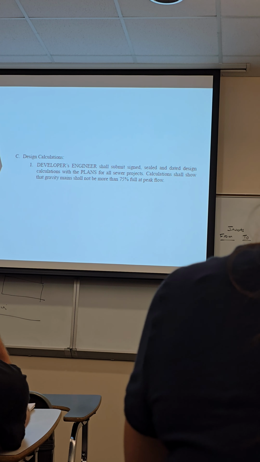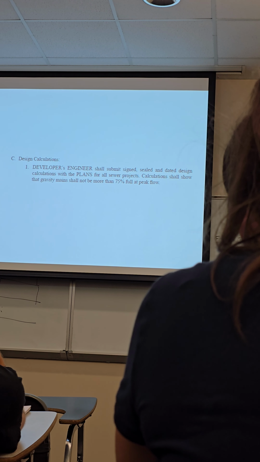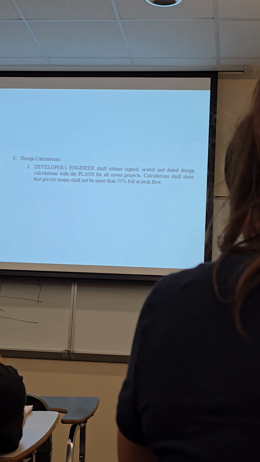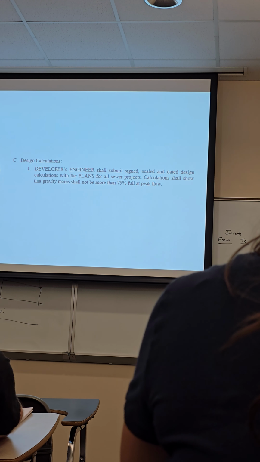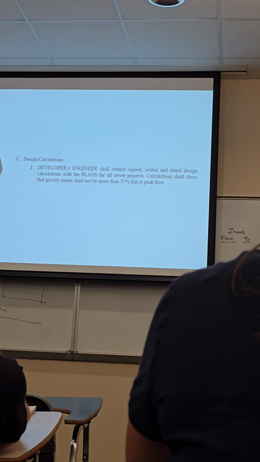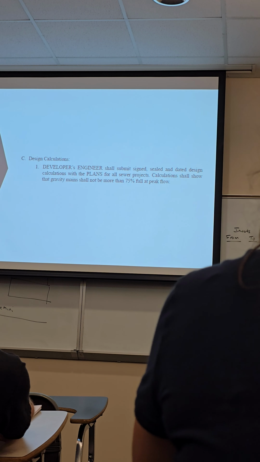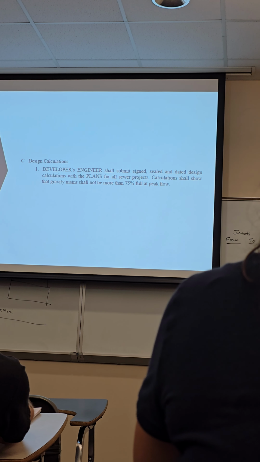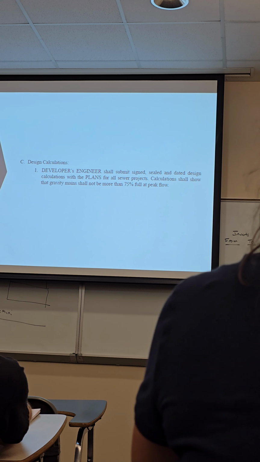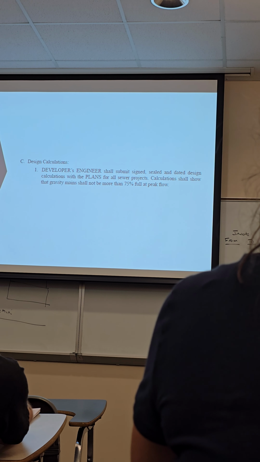All right. Now, when we're designing our gravity system, we want to design it so that the pipe doesn't exceed 75% of its cross-sectional area. Okay, so it has to be less than that. So that's one thing we have to check.